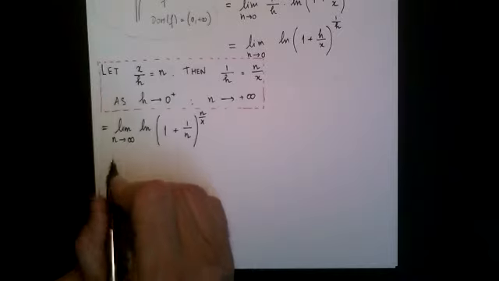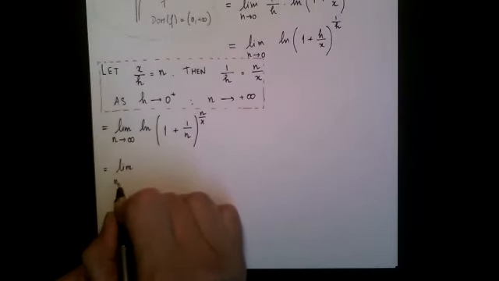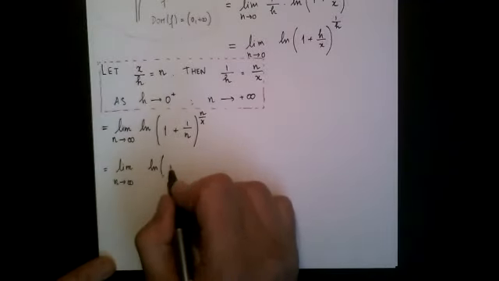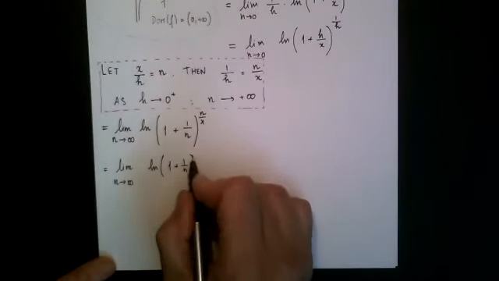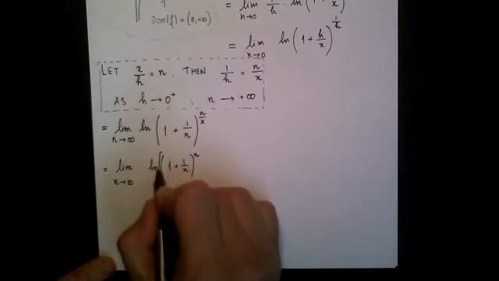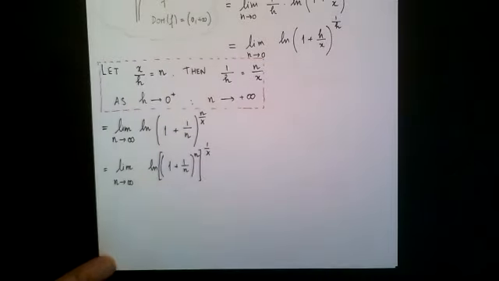So let me write down now. Equals the limit as n approaches infinity of ln of 1 plus 1 over n, to the power n and to the power 1 over x.